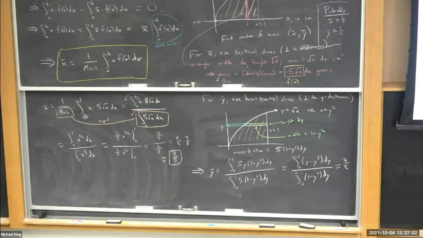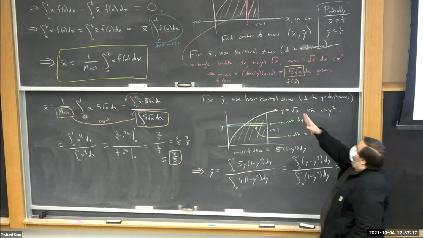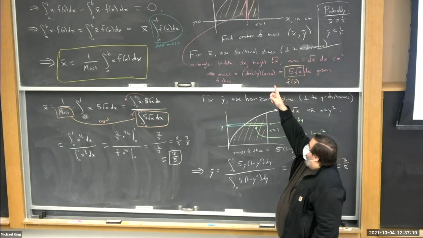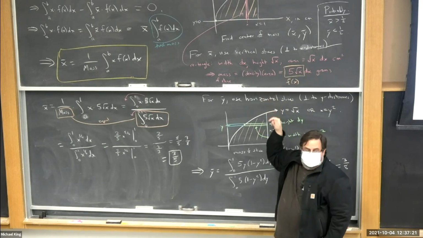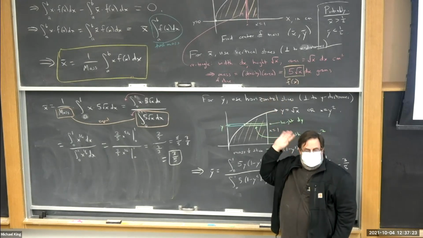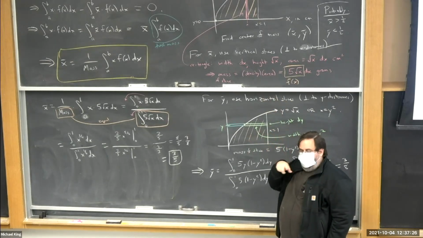I could give you something where the density wasn't constant. If the density was a function of x, then you could find x bar not too badly, because you could still do the thing where the density would be constant on a vertical slice. So you'd have to throw in the density function, kind of like those problems I gave you with the triangle. You had to find the width and the density function.